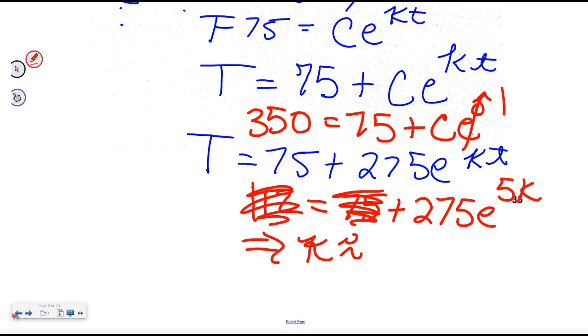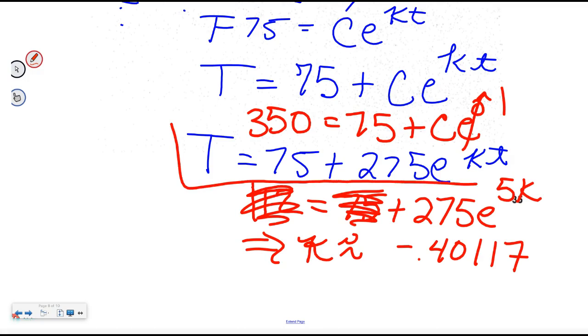It should be negative because it's cooling. Yep, so what do you have? Negative 0.40117. We do have a backer, super. So negative 0.40117 is my k. All right, so here's my model right here. And I'm going to assume we stored the k even though we didn't. I'll just point, boom. There's my answer. That will give me the temperature of the pizza at any given time.